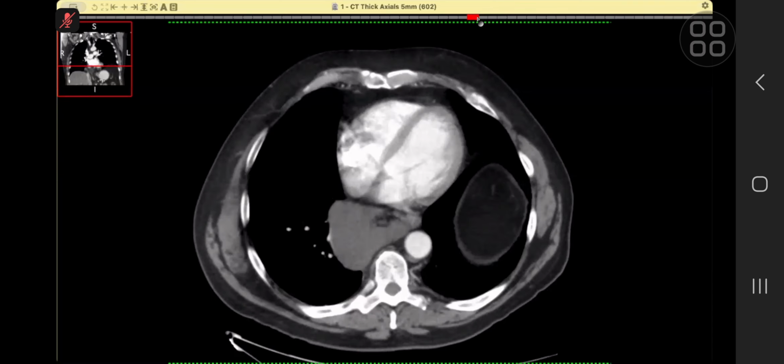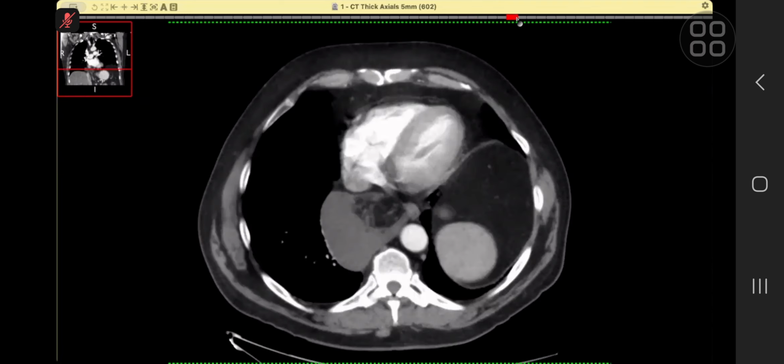There is a mass containing fat in the posterior mediastinum. This can be a germ cell tumor, but usually this occurs in the anterior mediastinum. I can see the fat contents are herniating from the lower abdomen into the chest. So this can be a diaphragmatic hernia with herniation of bowel loop.